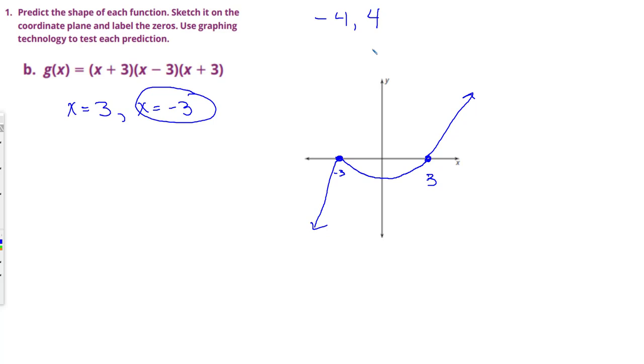So did that pretty much match your graph? Yeah.